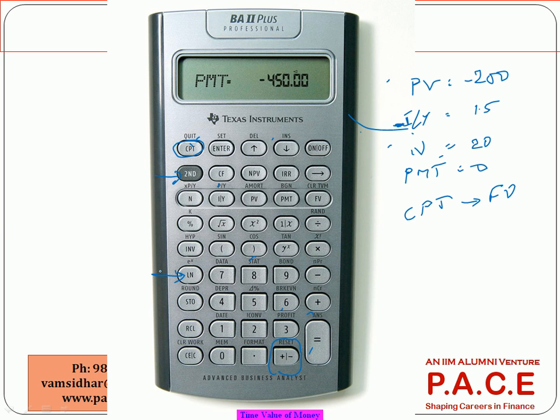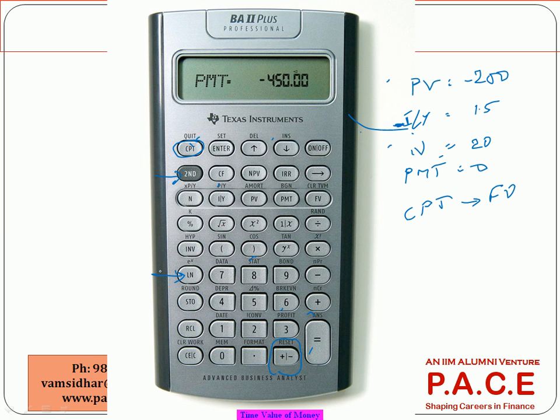Otherwise what will happen is, let's say the previous question you have solved for some PMT, just giving you an example, and you have got some 20 as the PMT value. The next question, you are doing an FP calculation where PMT is 0.